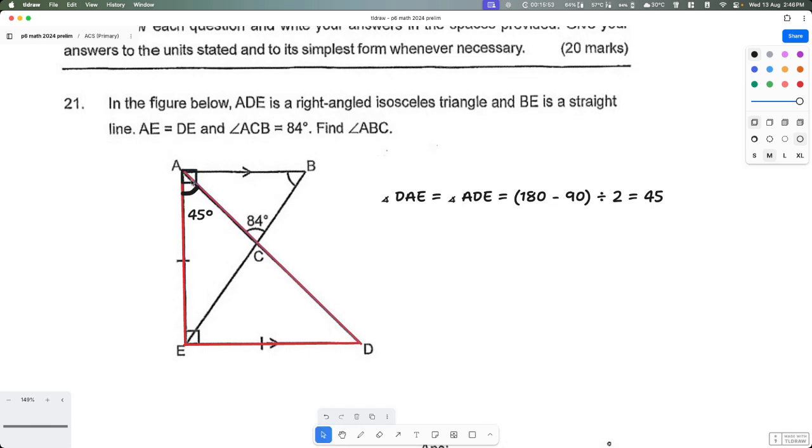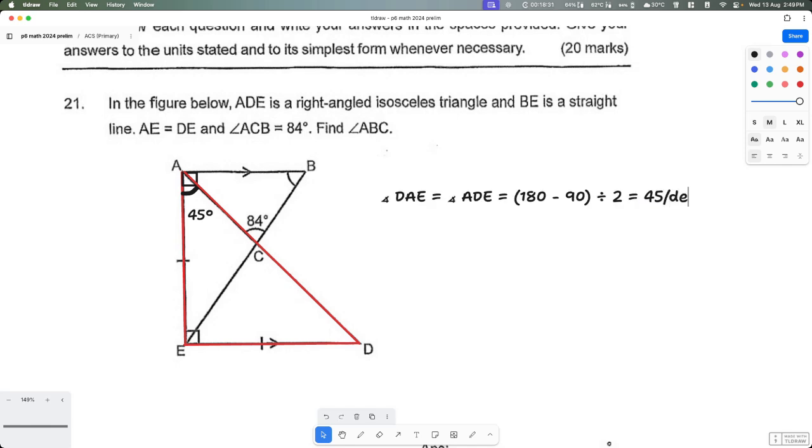We also know that this is also a right angle triangle. Oops, no, wait, hold up. Where's my line again? So that is also a right angle triangle. That's what you see over here. So over here is 90 degrees, and this is 45. So let me just write it here.